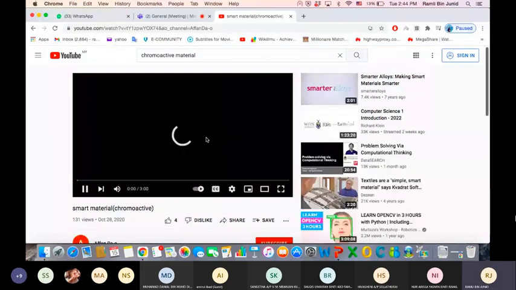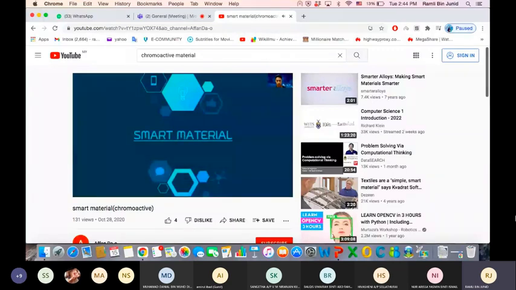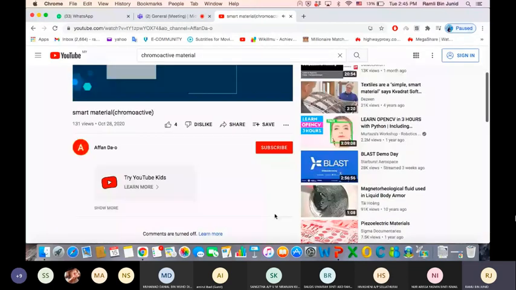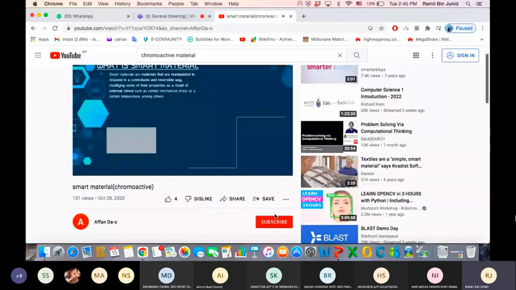Hello everyone, today I will talk about smart material. Smart materials are materials that are manipulated to respond in a controllable and reversible way, modifying some of their properties as a result of external stimuli, such as certain mechanical stress or certain temperature, among others.